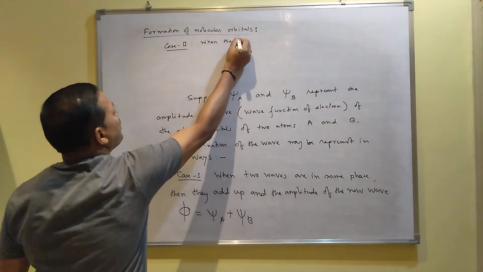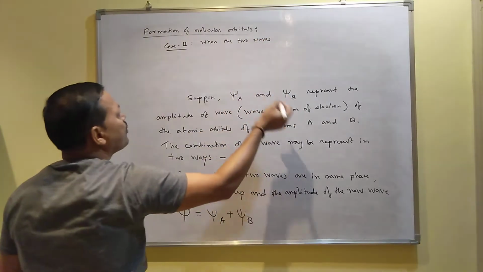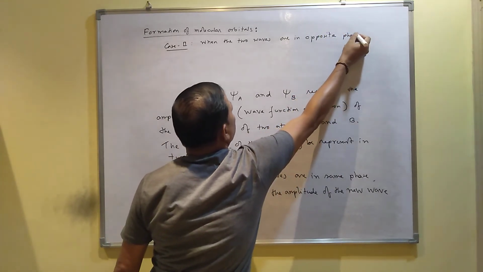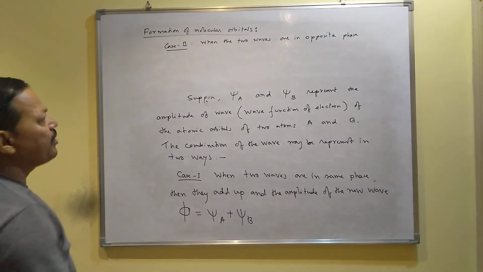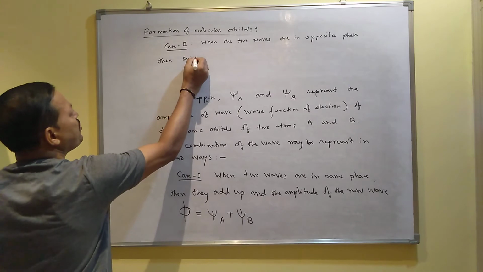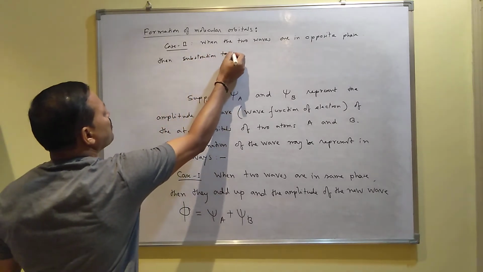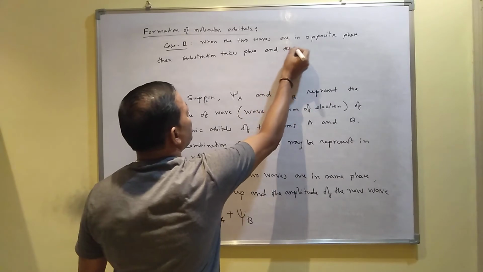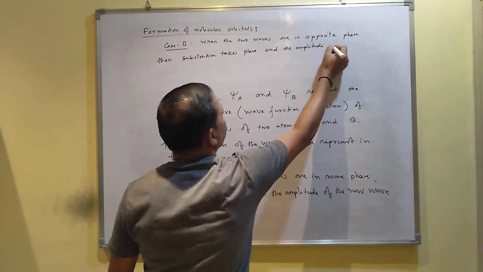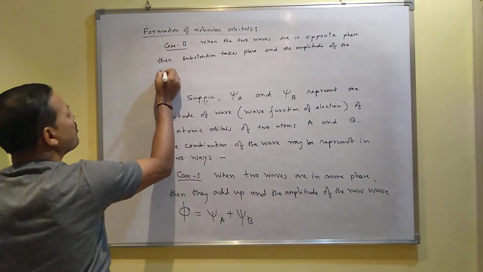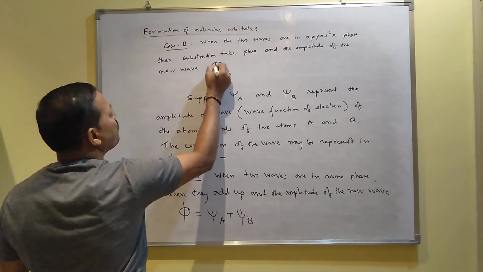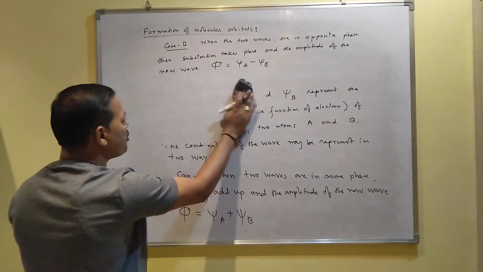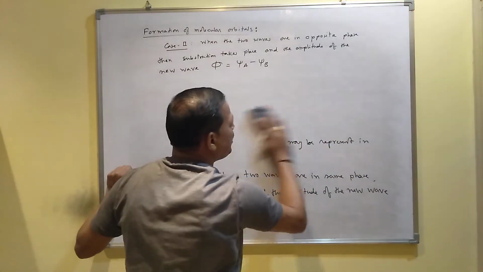When the two waves are in opposite phase, then subtraction takes place, and the amplitude of the new wave phi is equal to psi A minus psi B. So when two atoms combine, two types of combination take place.